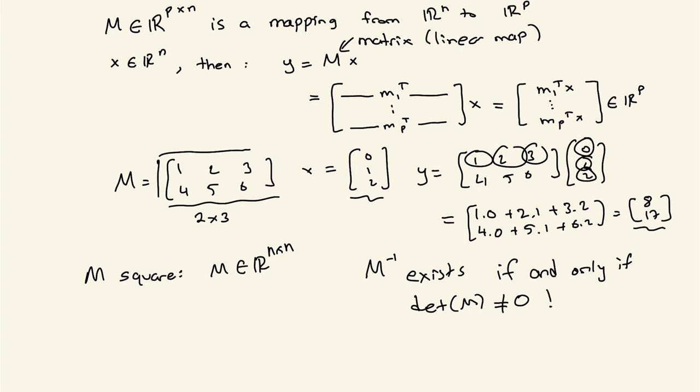I would like to talk momentarily about the determinant, but if M is invertible, we can write M inverse M equals the identity matrix, a special matrix that has 1 on the diagonals, and everywhere else is 0.